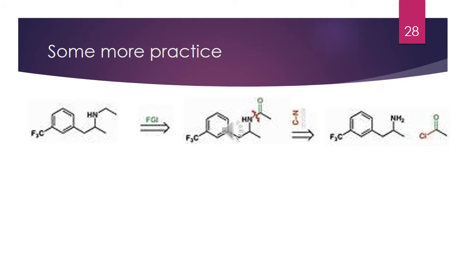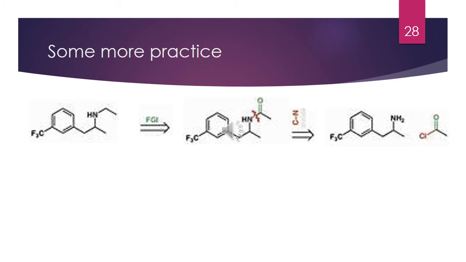In order to carry out the synthesis, we will react this acetyl chloride with this primary amine. That would result in formation of a carbon-nitrogen bond, and we will form an amide here. Then by reduction of this carbonyl of the amide, we will get this secondary amine. So this is a simple retrosynthetic approach.